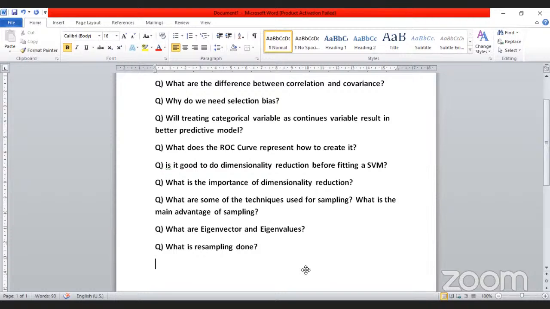We do resampling to ensure our model is good enough for different patterns and handles variations. If we provide variation in the data set, it gives good accuracy. It is also done where the model needs to be validated using a random subset. Is it clear what resampling is?